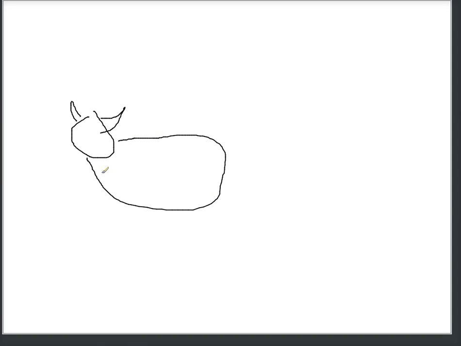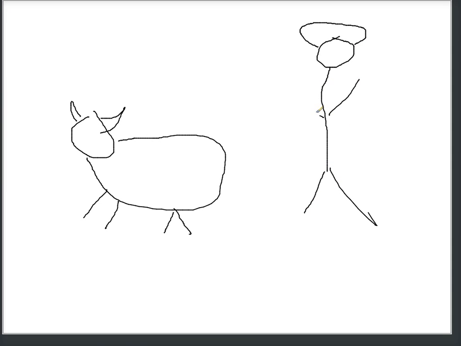So let's say this is a sheep, and this sheep goes out of the farm to graze, and there is this farmer, who's seeing the sheep go out and collecting a stone and keeping it with him to know that one sheep has gone out.